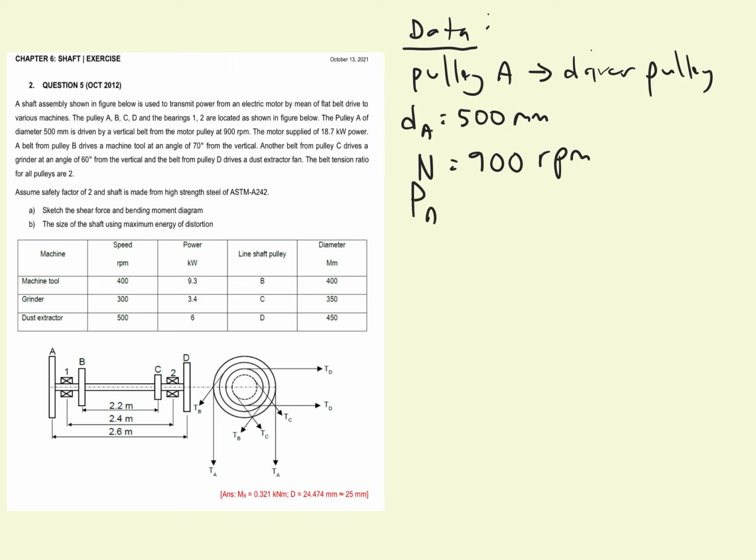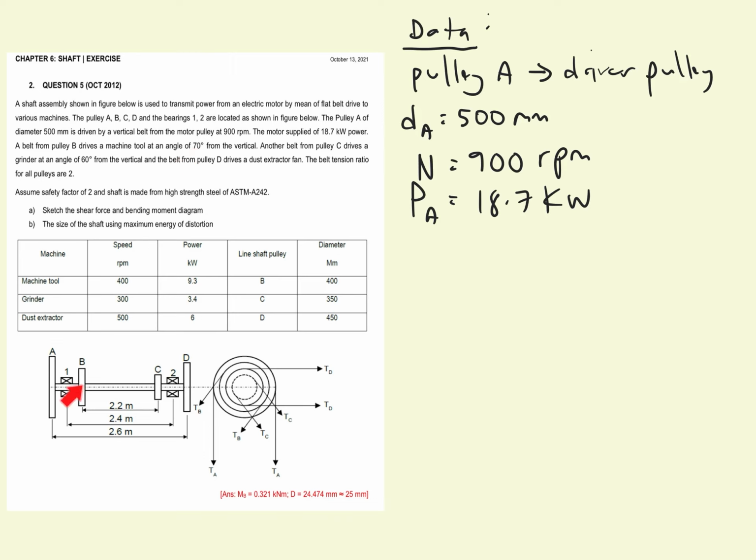So power at pulley A is 18.7 kilowatt. And then a belt from pulley B drives a machine tool at angle 70 degree.